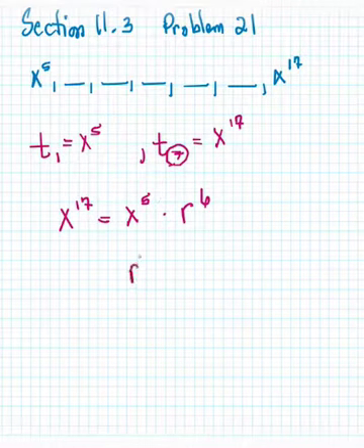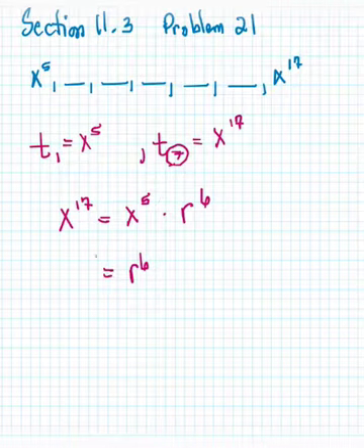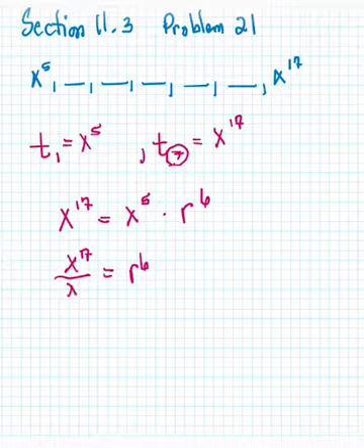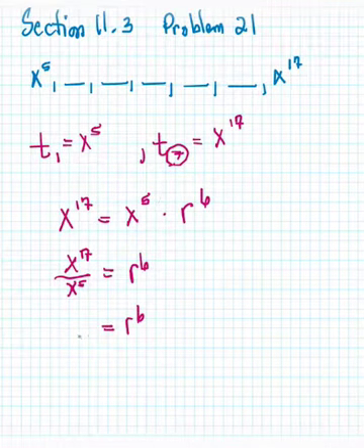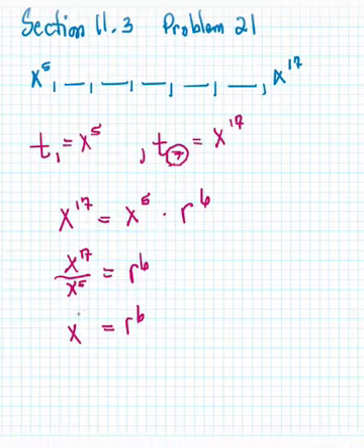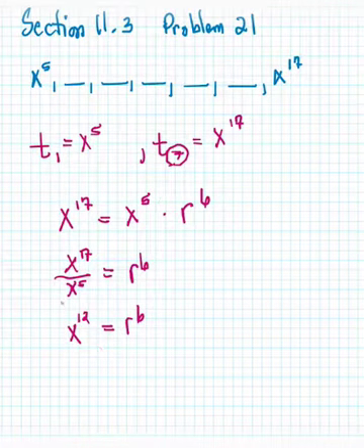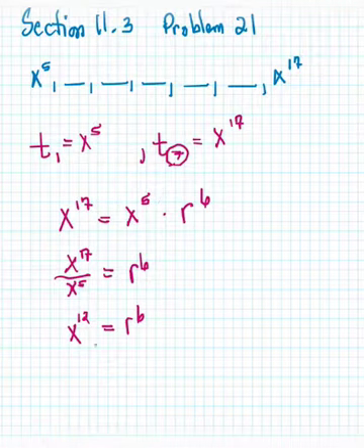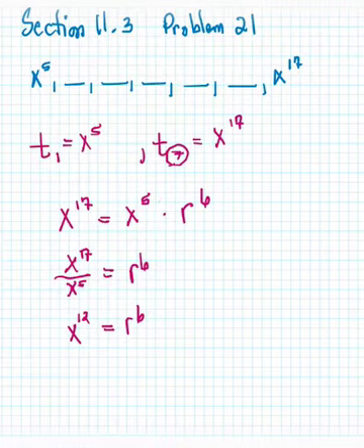All right, now r to the 6th is going to equal x to the 17th divided by x to the 5th. I subtract exponents, right? So r to the 6th is going to be x to the 17 minus 5, which is x to the 12th. And now I think it's a little better to think about this as what r's will satisfy this. What can I replace the r with to make this true?